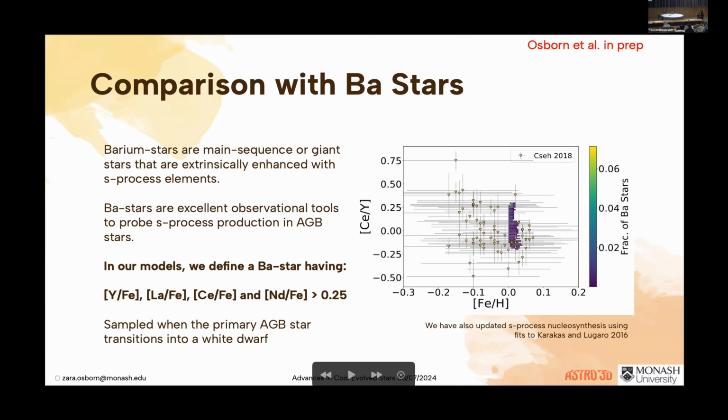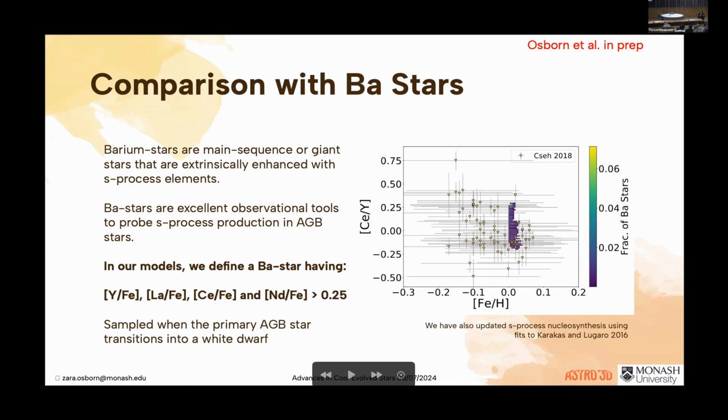Now, this plot here just shows one of the comparisons we've made, where we are comparing our models, shown in blue, to observations of barium stars. These models are of barium stars that we find within our stellar population, and all these observations, these error bars, all cross over solar metallicity as well.